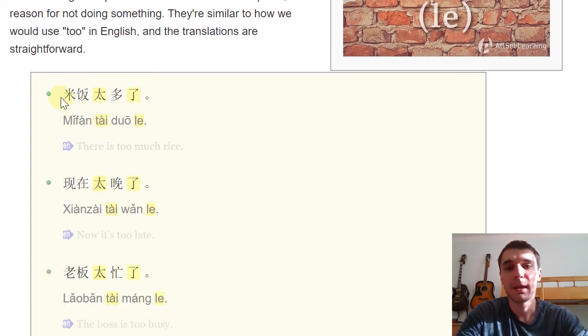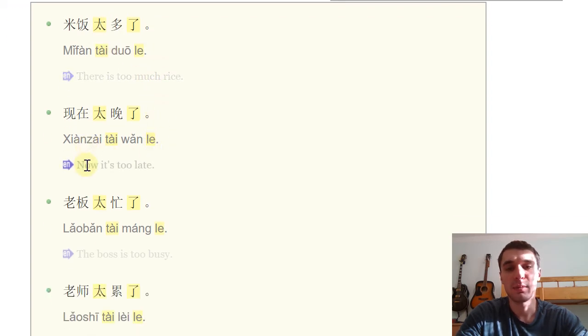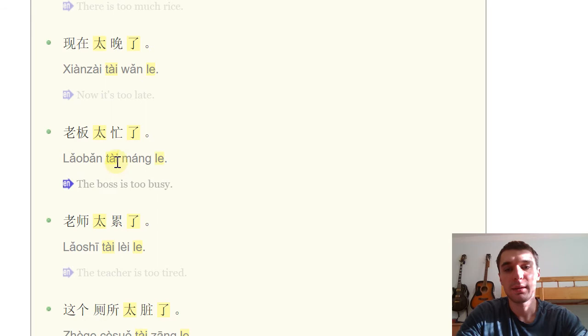So let's read. 米饭 means rice. 太多了, too much rice. There is too much rice. So we can translate 多 like too much. 太多了, too much rice. 现在 means now. 晚 late. Now it's too late. So 太晚了, too late. 老板 the boss, 忙 means busy. 太忙了 is too busy. The boss is too busy. So if you want to say that something is too much, right?